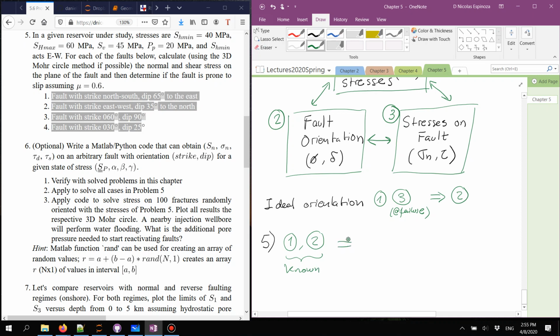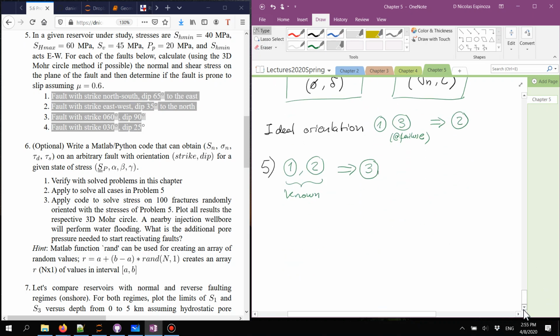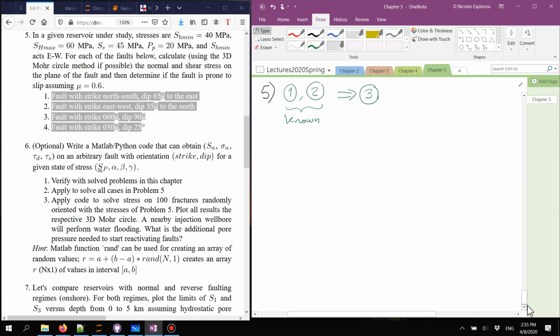And what we're trying to determine is number 3: the stresses on those faults, which may not be at failure, and that's what we actually have to determine. Okay, so let's get started with problem number 5, and we're going to establish a general procedure to solve this kind of problem, which is a problem of determination of stress on a fault given the in situ stress values and orientation, and also given the orientation of the faults.